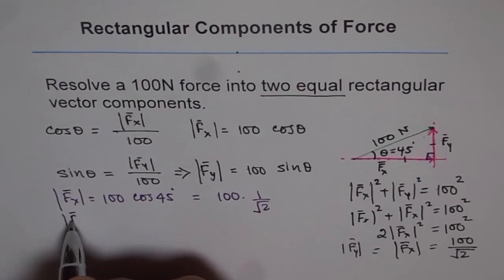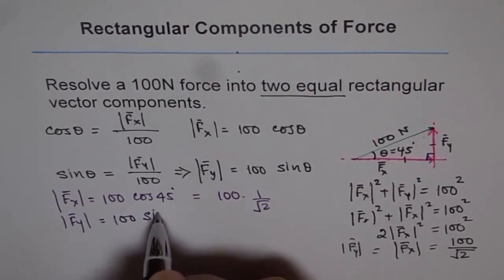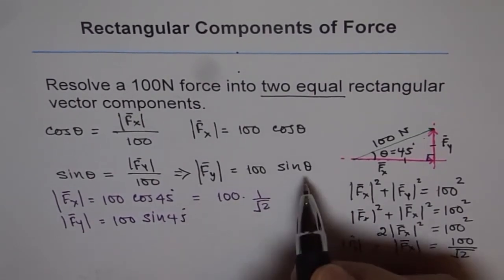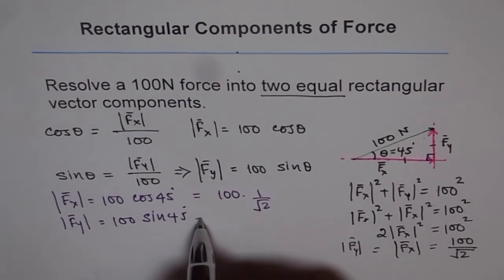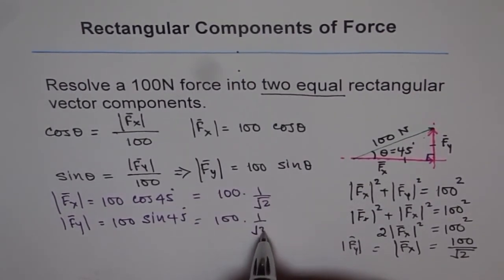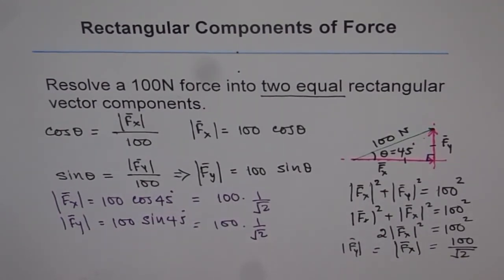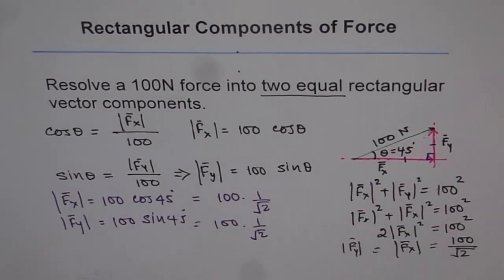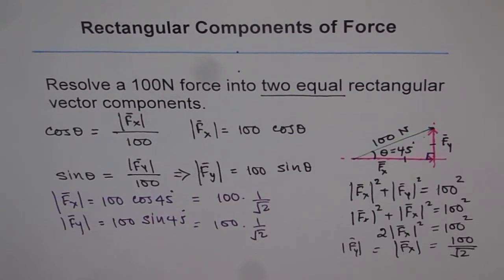Similarly, Fy, the vertical component, will also be 100 times sine of 45 degrees, right? Since the angle theta for us is 45 degrees, sine 45 degrees is 1 over square root 2. So we get the same answer, 100 over square root 2, right? So the two equal components for a 100 Newton force will be 100 divided by square root 2, correct?